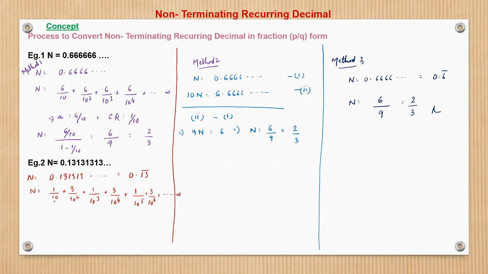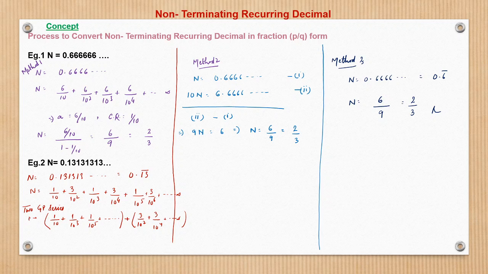The first is 1 by 10 plus 1 by 10 cube plus 1 by 10 to the power 5, and so on till infinity, plus 3 by 10 square plus 3 by 10 to the power 4, and so on till infinity. So two GP series are here.